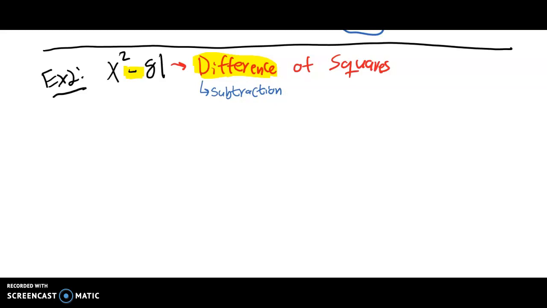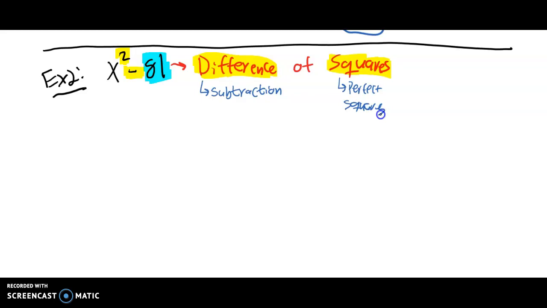Difference of squares, this square means that, first off, we got the x squared, and it also means that this 81 is a perfect square. Perfect squares are like 9, 16, 25, 3 squared, 4 squared, 5 squared. Whenever you square a whole number, you have a perfect square. So we're going to say perfect squares.